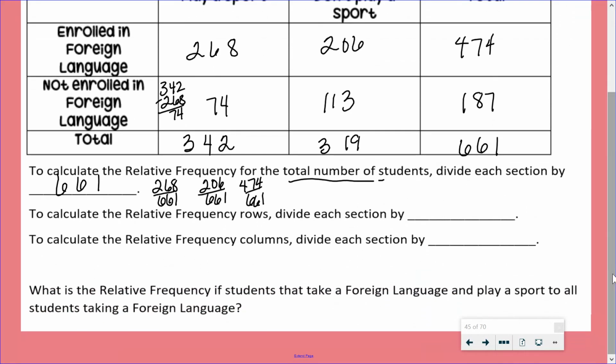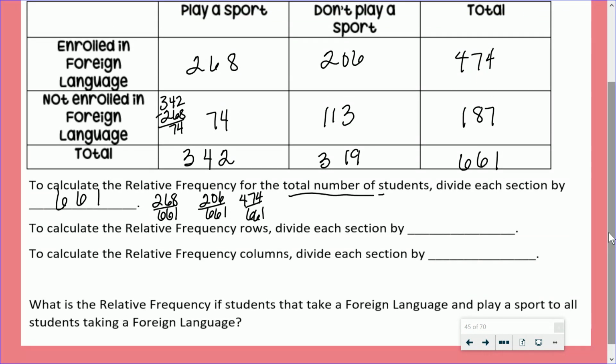Okay, to calculate the relative frequency rows, I want to find the relative frequency based on this row here. So maybe I wanted to know, what is the relative frequency of those that play a sport enrolled in a foreign language compared to those that are enrolled in just a foreign language?